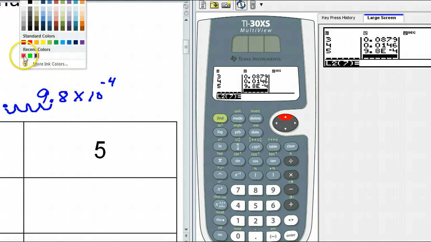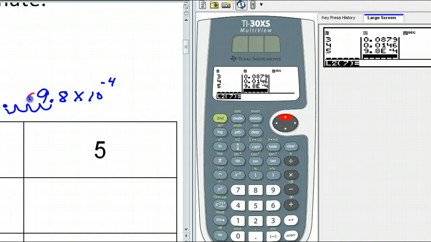And then look at the zeros that we're going to have. So there would be a 0 here, here, and here. So this number is the same thing as 0.00098. Alright, so that's what this number is on your calculator, 0.00098. Now, we are rounding to the nearest 4 decimal places.